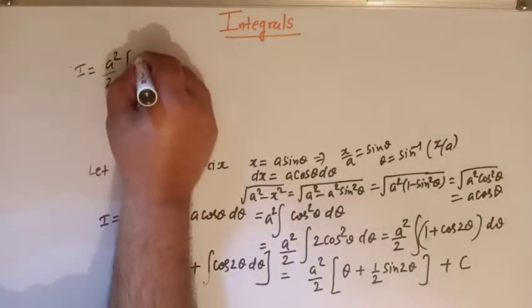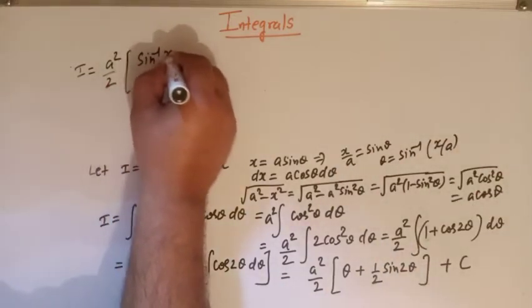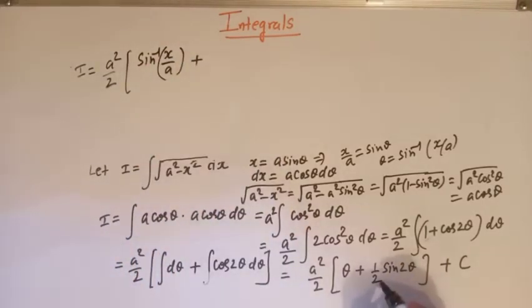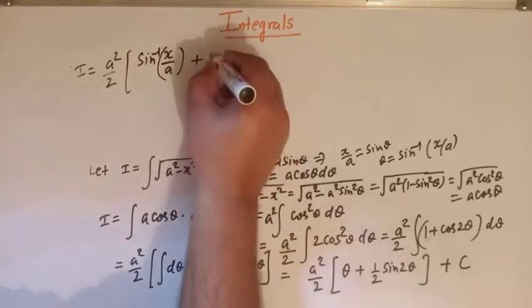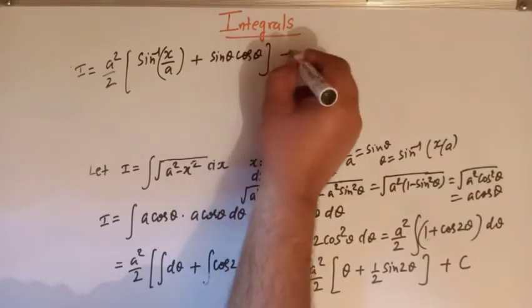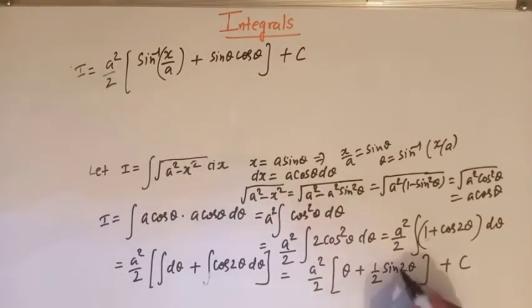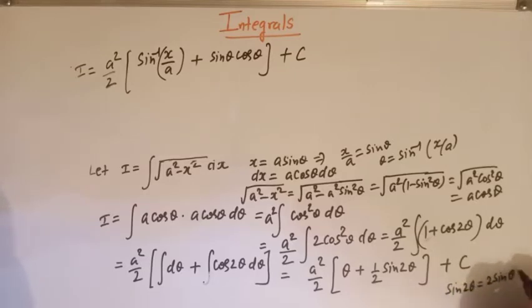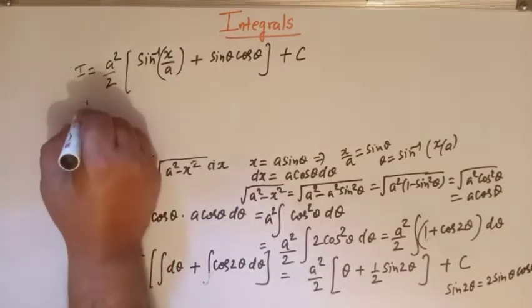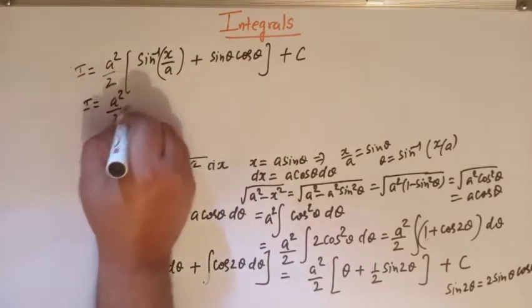Now half sine 2 theta can be written as sine theta cos theta, because sine 2 theta is 2 sine theta cos theta, and the 2 and 2 cancel, leaving sine theta cos theta.